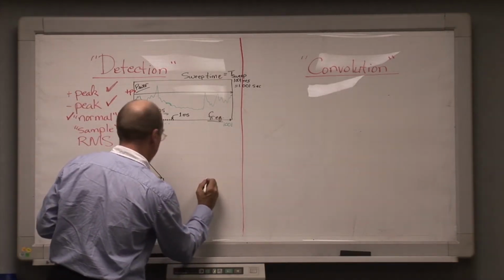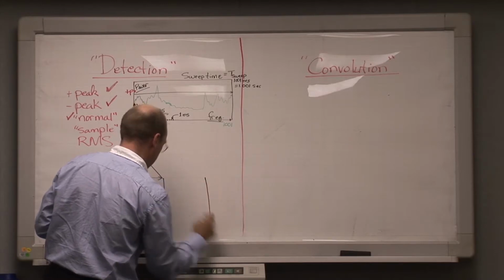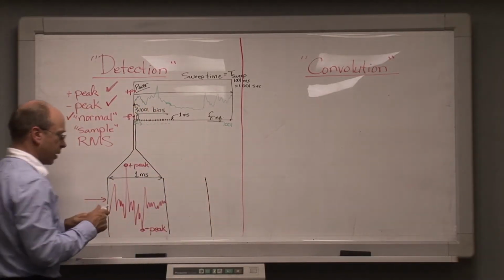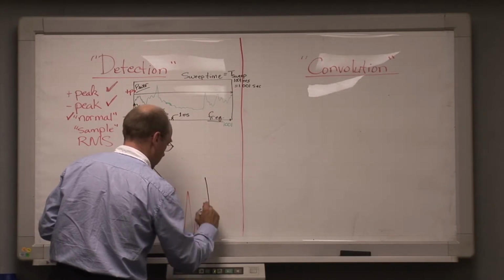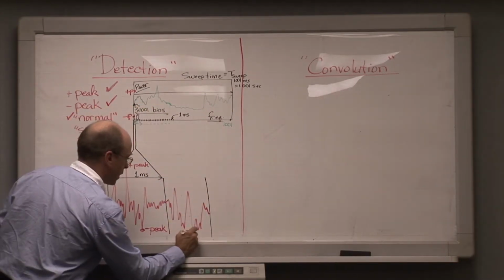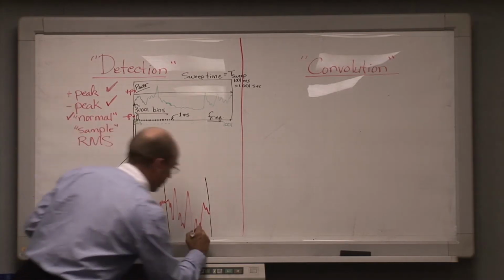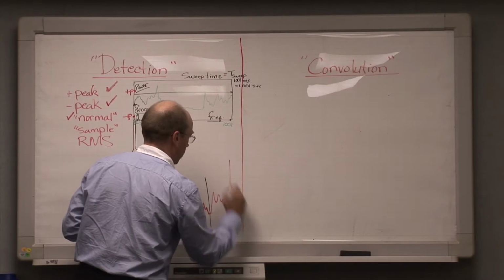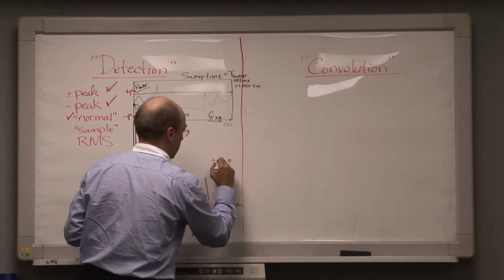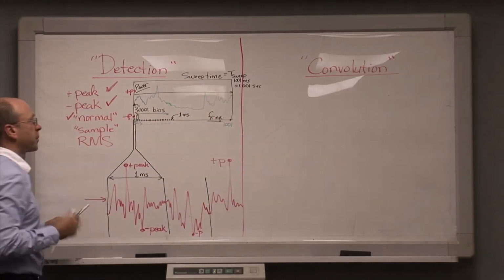The next bin, which will occur in the next millisecond, will extend this time waveform like so, and will therefore be picked off as negative peak down here. And in the next bin, we pick off positive peak and so forth all the way across on the spectrum analyzer.